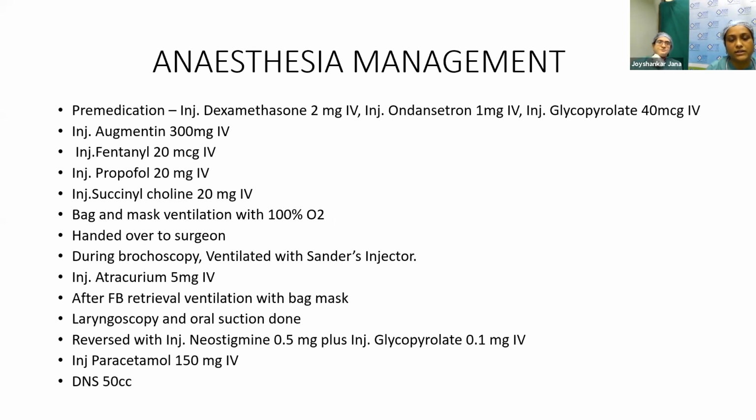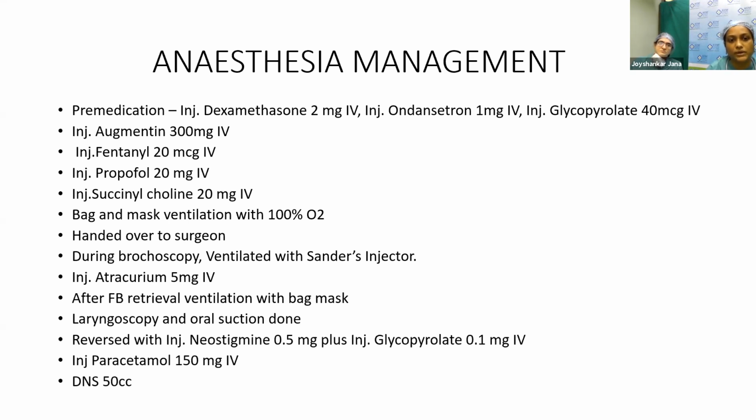We pre-medicated the child with injection dexamethasone 2 mg IV, ondansetron 1 mg IV, and glycopyrrolate 40 mcg IV. Given antibiotic Augmentin 300 mg IV, and then induced with injection fentanyl 20 microgram IV, propofol 20 mg IV, and succinylcholine 20 mg IV. Then bag and mask ventilation was given with 100% oxygen, and we handed over the patient to the surgeon.